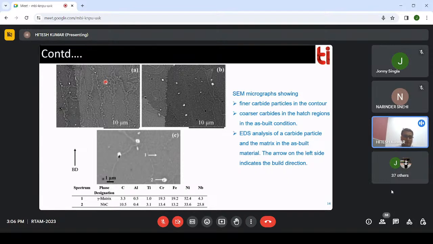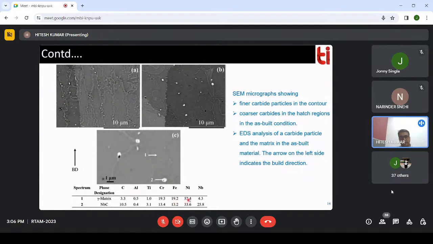What we observe is the presence of gamma matrix, meaning your material, which is basically nickel dominated, with iron and chromium. But there are some fine precipitates, which are more focused towards niobium carbides.